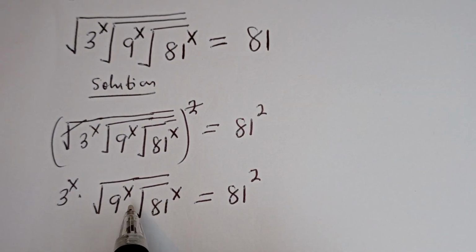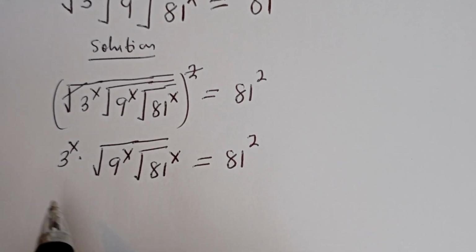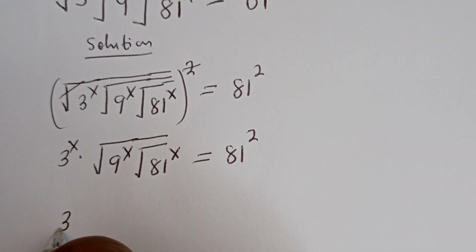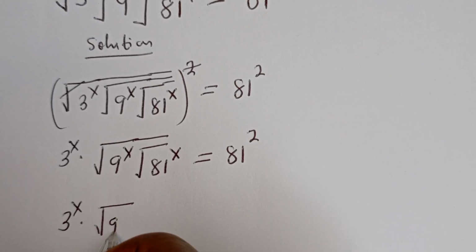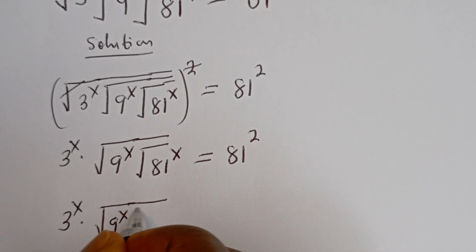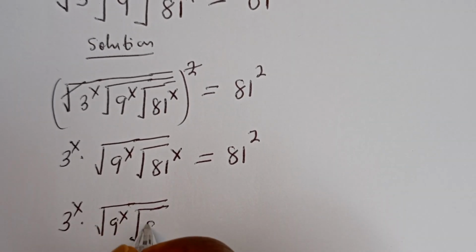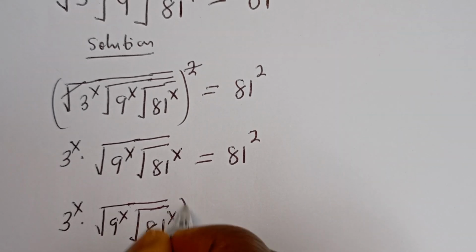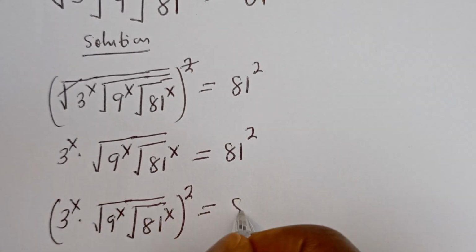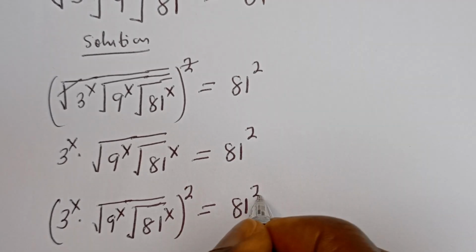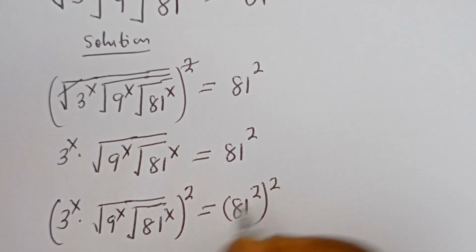Now let's square both sides of this equation again. We have 3 to the power of x multiplied by the square root of 9 to the power of x, square root of 81 to the power of x, all squared, is equal to 81 squared squared.